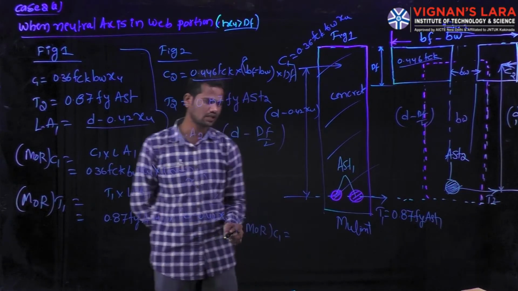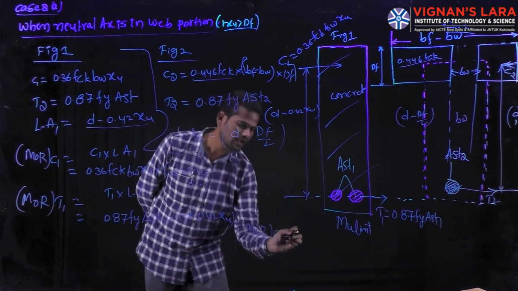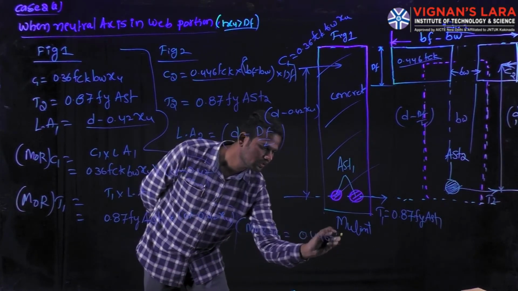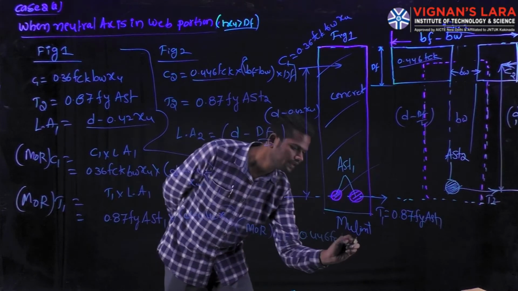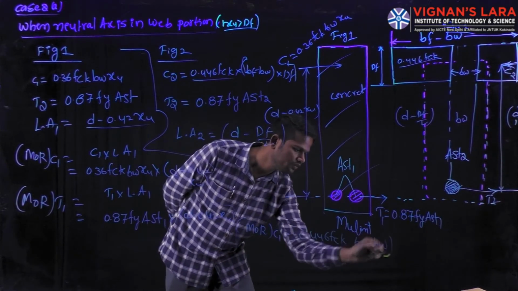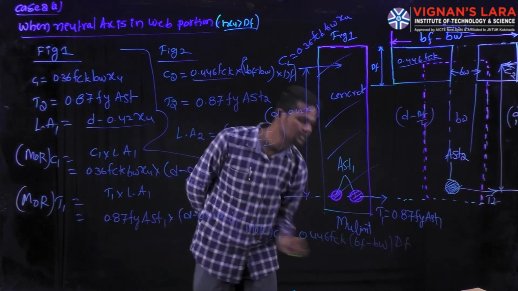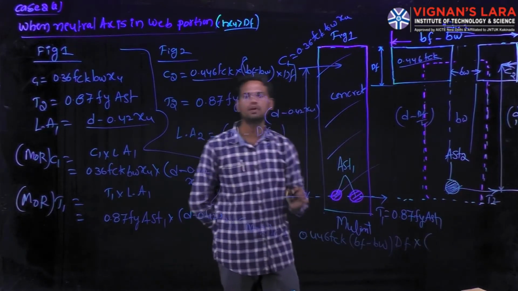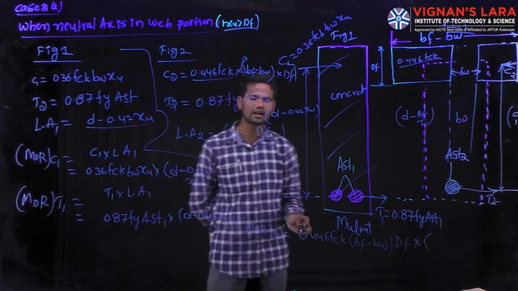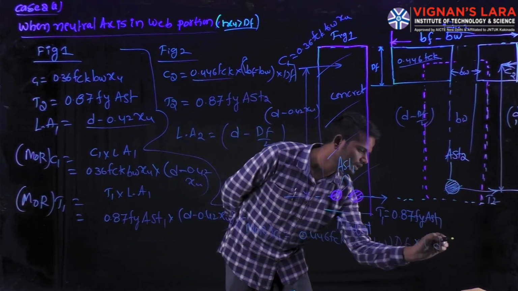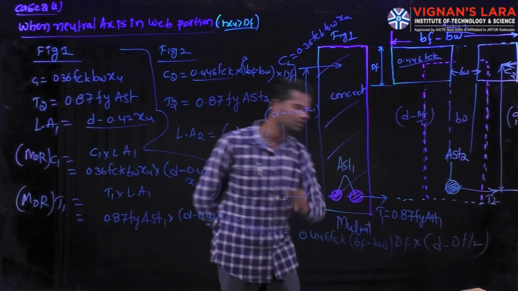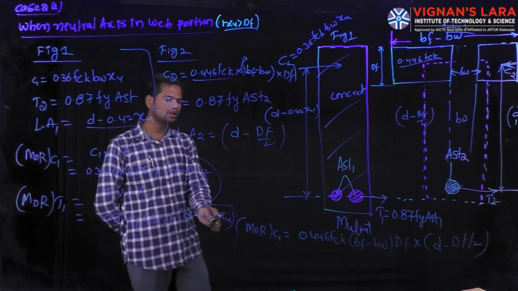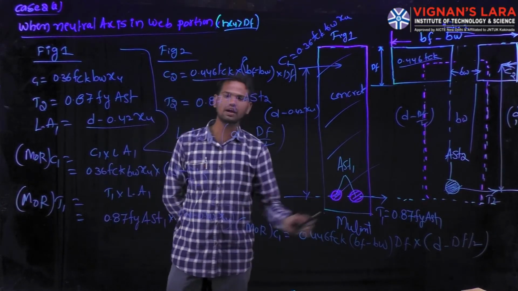Moment of resistance for compression 2 is nothing but 0.446 into fck into (bf minus bw) into df. This is the total compressive force acting on the beam, into which we multiply the lever arm distance. That lever arm distance is nothing but d minus df divided by 2. This is the total compressive force acting on the block.